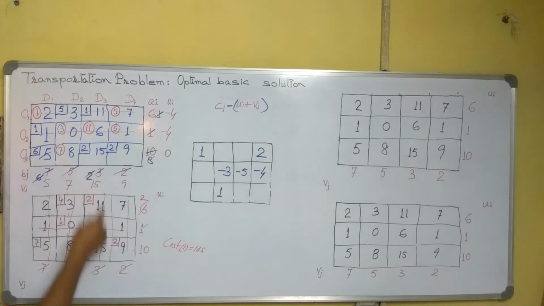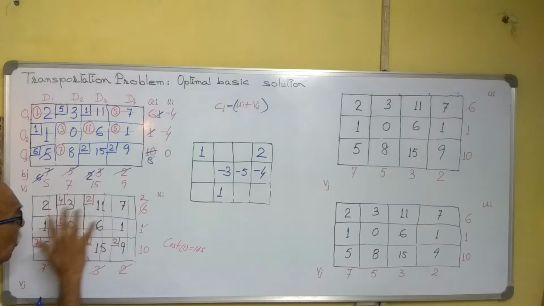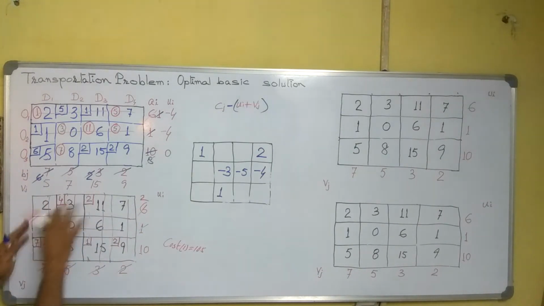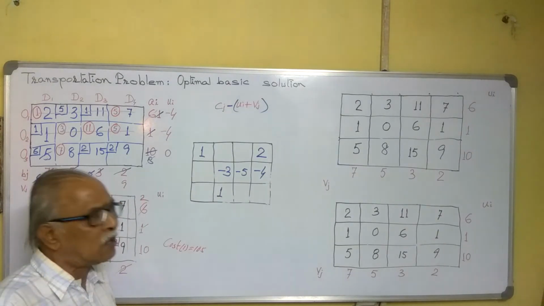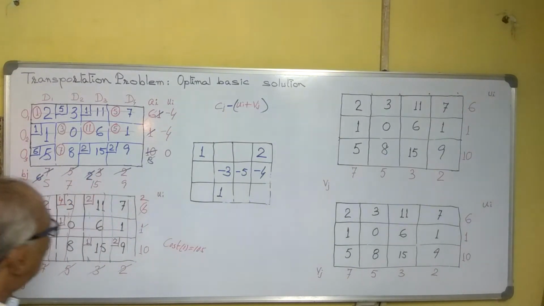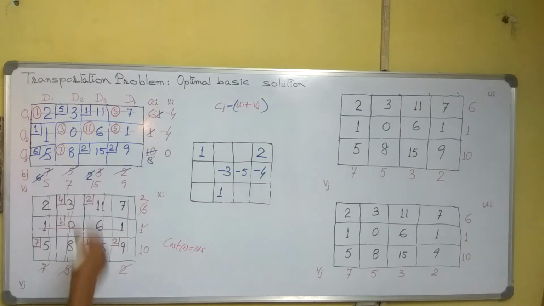In this direction 2 plus 1 is 3, 4 plus 1 is 5, 7. Spend some time, try to check it correctly. Now we got another basic feasible solution, but what we have to do is check and find the optimality.